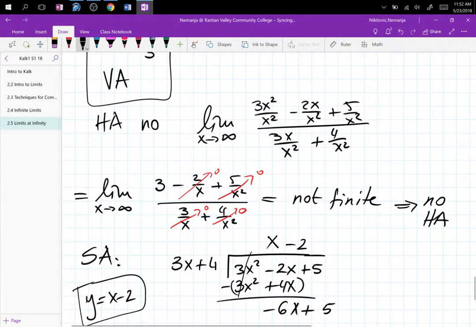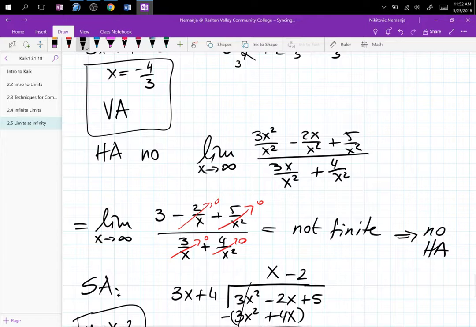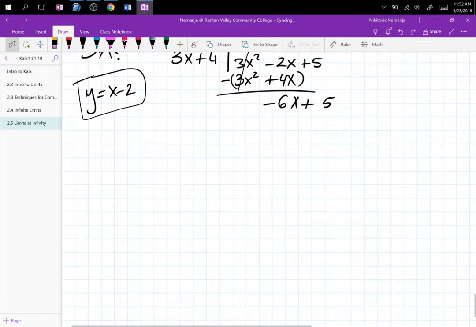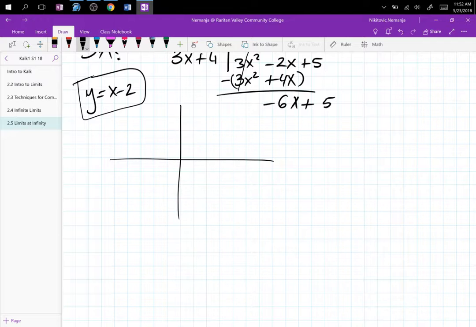So horizontal asymptote none, vertical asymptote negative 4/3, slant asymptote x minus 2, and actually that is a lot of information for you to graph a function already. Because, again, all of this is in 4.3. So we have x minus 2, this is minus 2, x is the 45 degree.